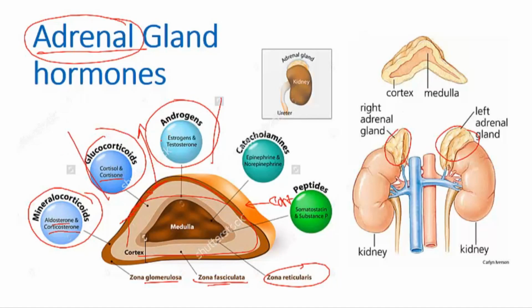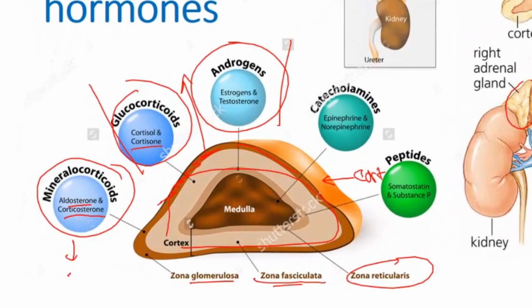Now, among the mineralocorticoids we have aldosterone and corticosterone. Aldosterone causes the reabsorption of sodium and the secretion of potassium. So it's the addition of sodium and secretion of potassium.